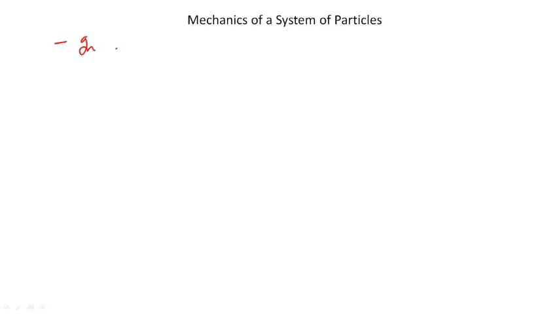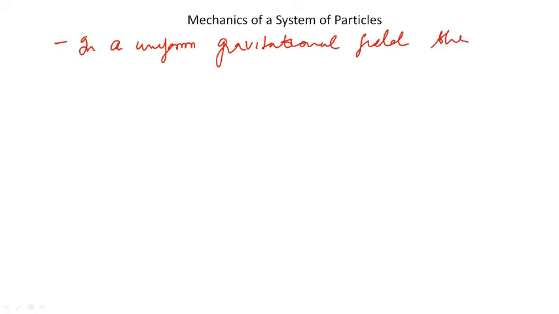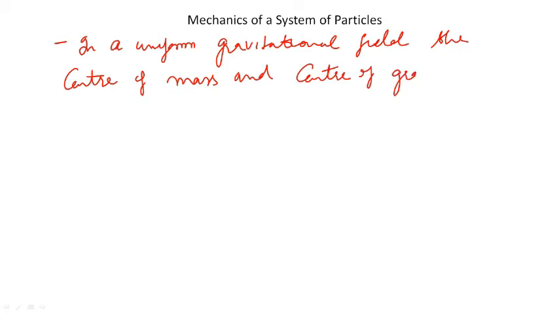In a uniform gravitational field, the center of mass and center of gravity coincide.